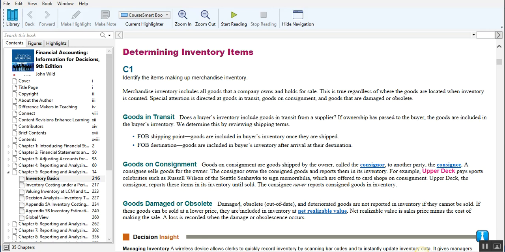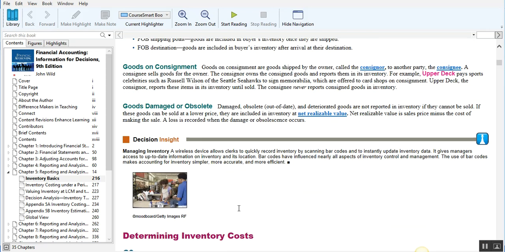Now, if goods get damaged or become obsolete, it depends on what we're dealing with. If they're damaged goods, we may be able to sell them at a reduced price, and that might still have some value, but we want to recognize the net realizable value. So we may have to discount those heavily in order to sell them. If goods become obsolete or out of date in some way, those are goods that we're not able to sell anymore, and we don't want to report those in inventory.